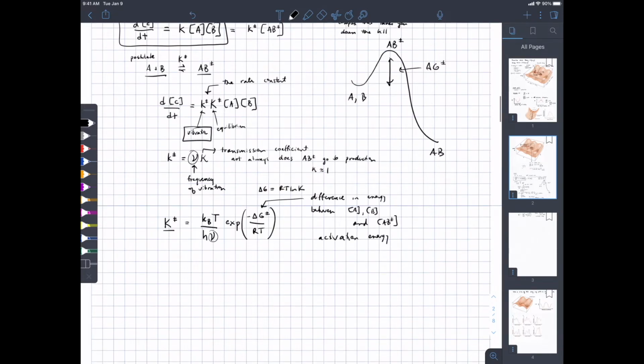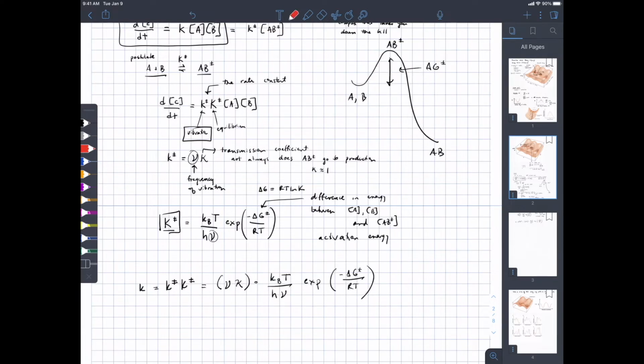All right, so if our rate constant equals little k with the double dagger times big K with the double dagger, and little k equals vibration times kappa, which we're going to assume is close to 1, and then big K double dagger is Boltzmann's constant times temperature over Planck's constant times the frequency times the number e raised to the minus delta G over RT.